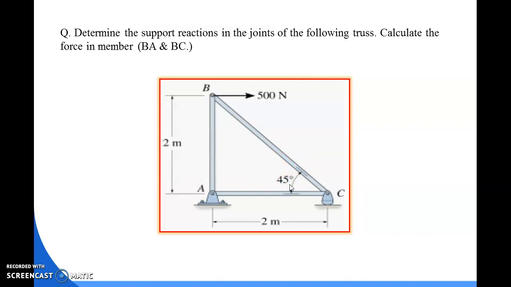So first of all, we will find the reaction forces, and after that we have to calculate the force in members BA and BC. That means this member and this member.